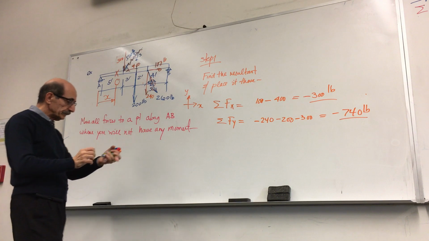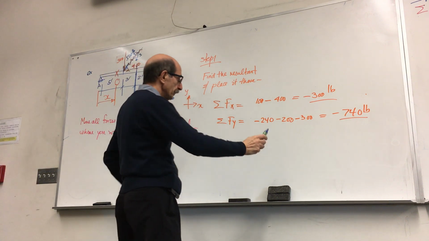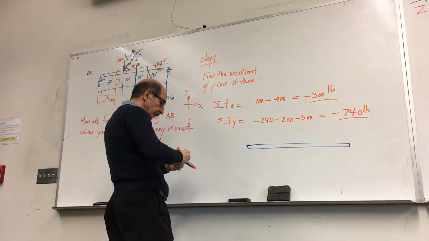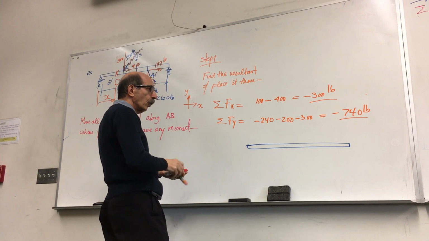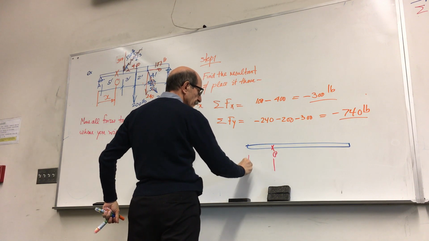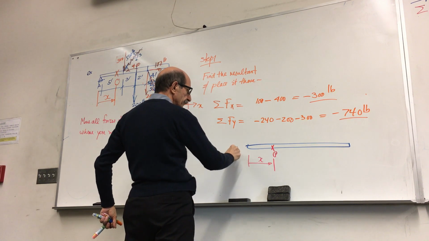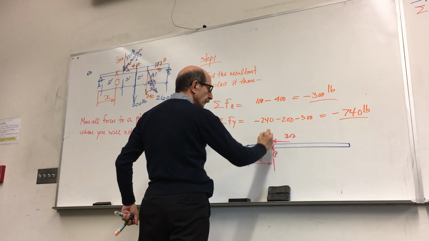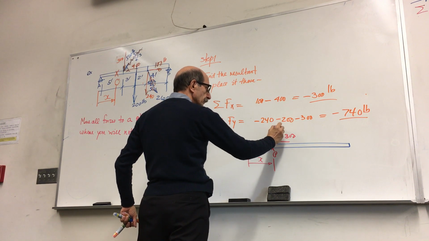So what it means is, you just simply move all these forces to point O, and at that point O, which is a distance x from this end, you have a force of 300 this way and 740 this way, right?